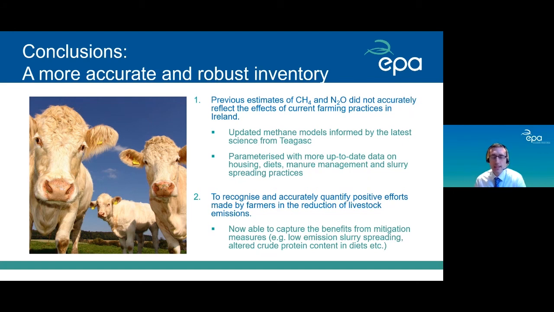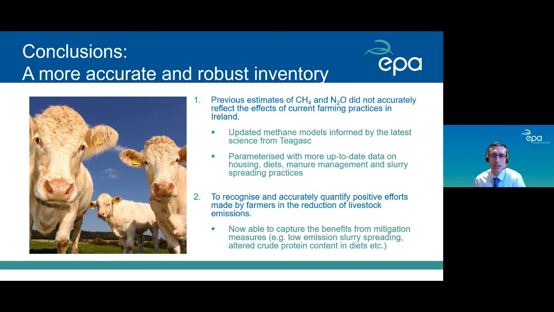So taken together, we can be more confident that it's a more accurate representation of what's happening on the ground. And secondly, going forward, as we see this ramp up of emissions mitigation techniques by farmers, we are better placed to capture that data and to reflect it in national inventories.